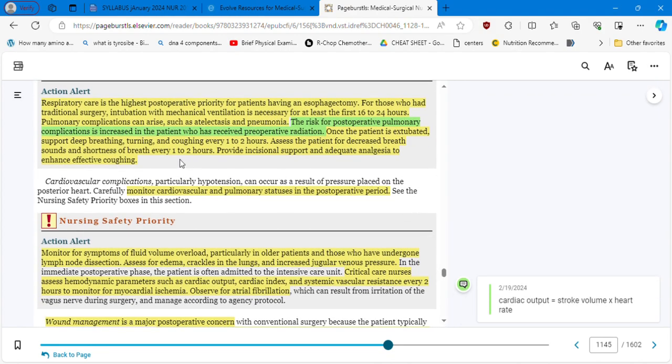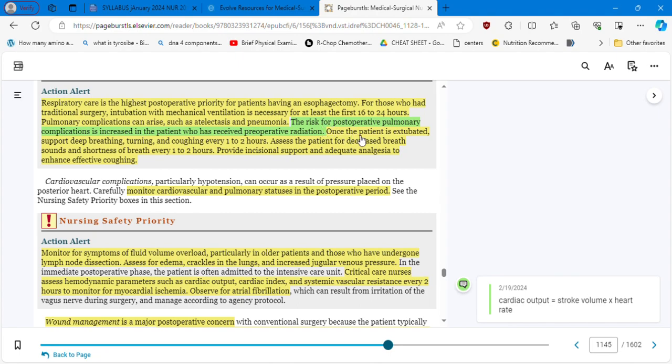Action alert, respiratory care is the highest postoperative priority for patients having an esophagectomy, right? Because of the location. For those who had traditional surgery, intubation with mechanical ventilation is necessary. When they say traditional surgery, it is open, right? It's not laparoscopic. For at least the first 24 hours. Pulmonary complications can arise, such as atelectasis and pneumonia.